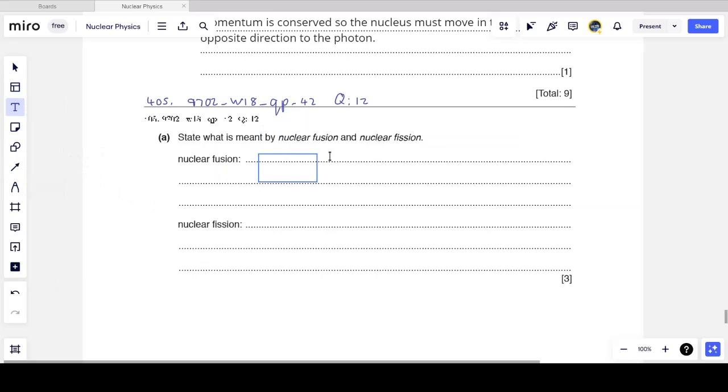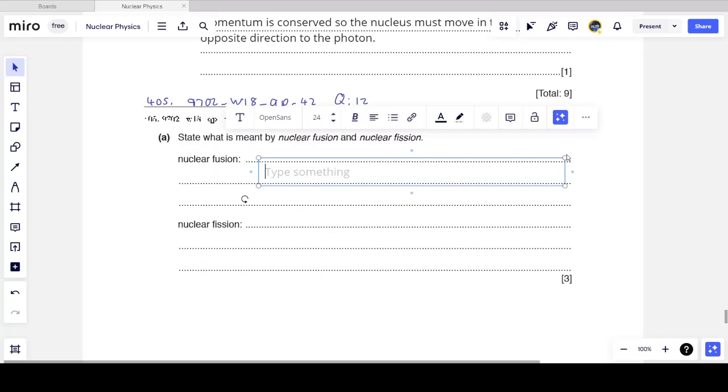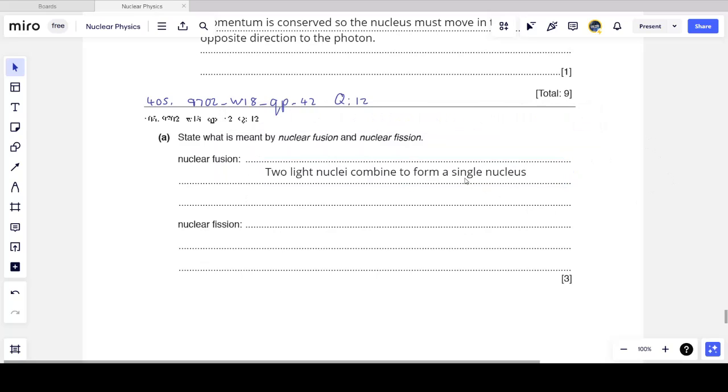And so you don't need all of the space, you don't need a very long explanation, but what is nuclear fusion? Well, it is when two light nuclei combine to form a single heavier, let's just say a single nucleus. So two light nuclei combine to form a single nucleus. Simple.